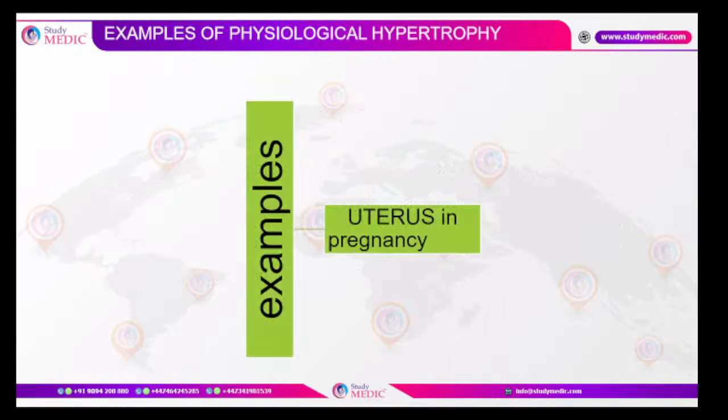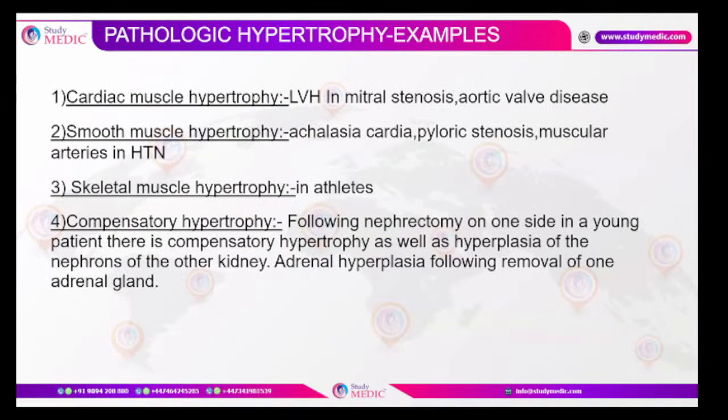The most important example of physiological hypertrophy is a gravid uterus. And pathological, we can see cardiac muscle hypertrophy. As I've told you, whenever it is present in isolation, mainly the muscles are affected. So we can see cardiac muscle involvement whenever there is mitral stenosis or aortic valvular disease, where we see left ventricular hypertrophy. Smooth muscle hypertrophy can be seen in achalasia cardia, pyloric stenosis, and muscular hypertrophy in hypertension.